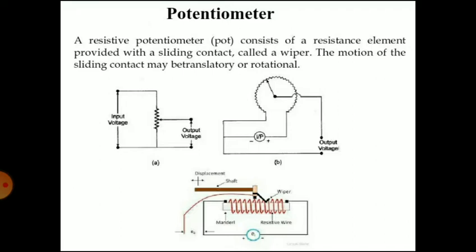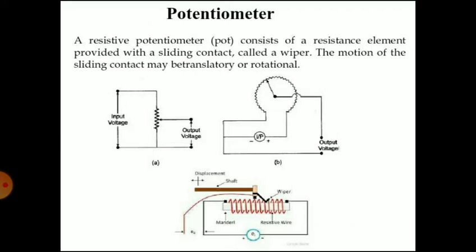So you can see at the bottom there is a diagram. There is a shaft, and to the shaft the wiper is attached. Then there is a mandrel over which the resistance wire is wound.